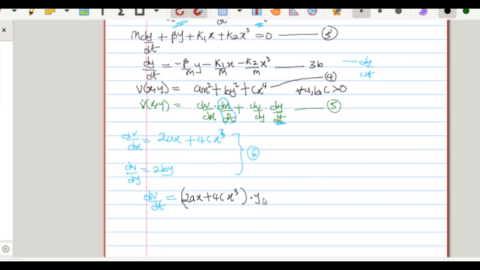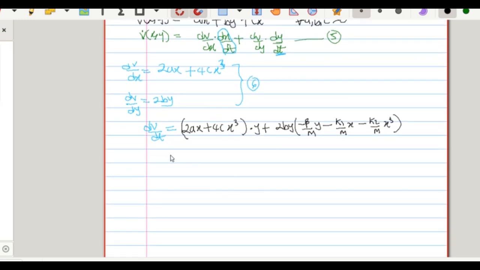Then plus dV dy, which is 2by, multiplying all of this now dy dt: minus beta over m y minus k1 over m x minus k2 over m x to the power of 3. So that is what we have there.